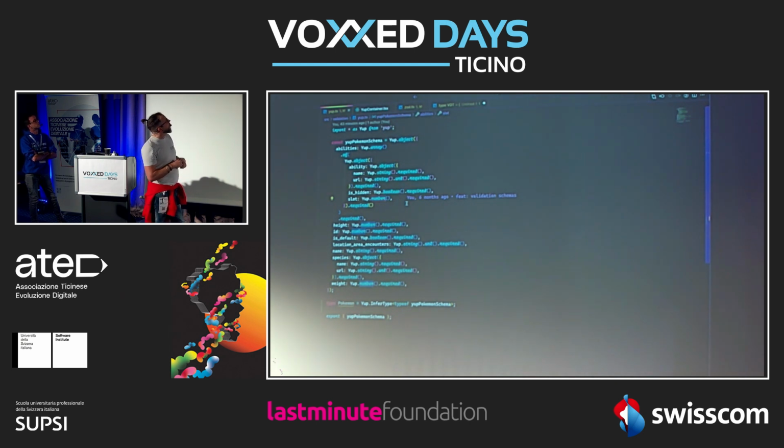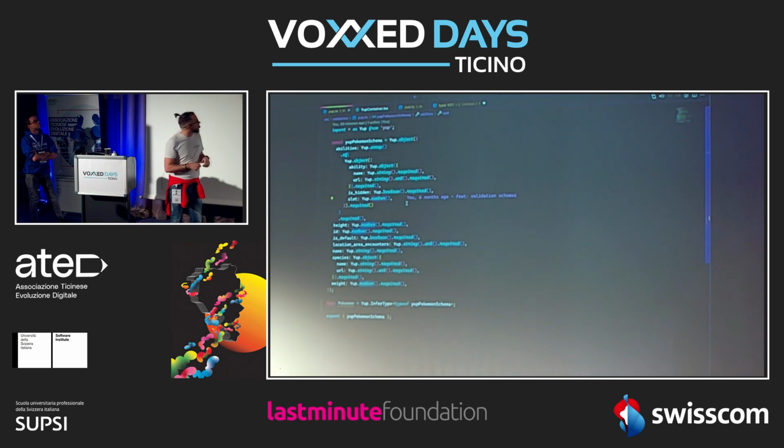Going on, we have a boolean and a slot. One thing that I want to notice here is that Yup wants you to flag every field to be required in case you want it to be required, because by default Yup is going to treat every field as optional.